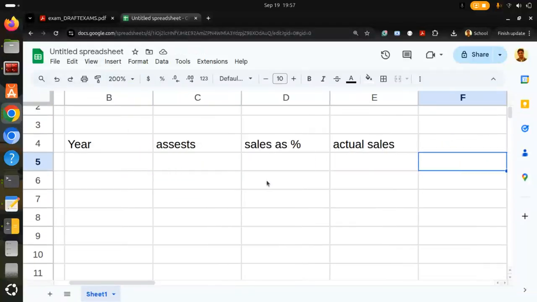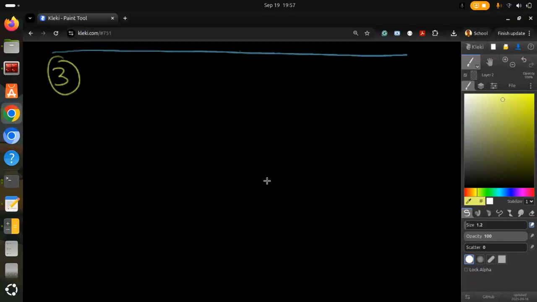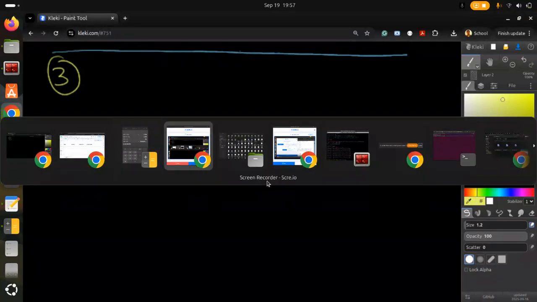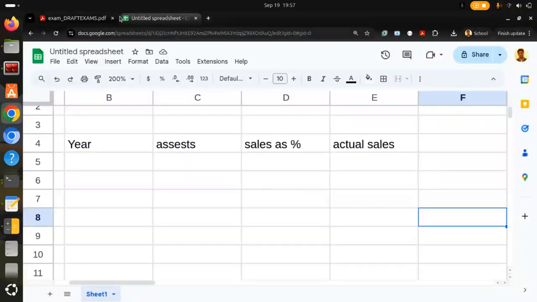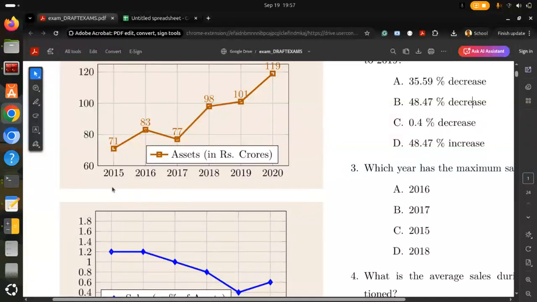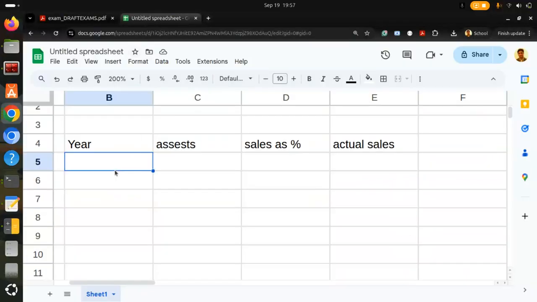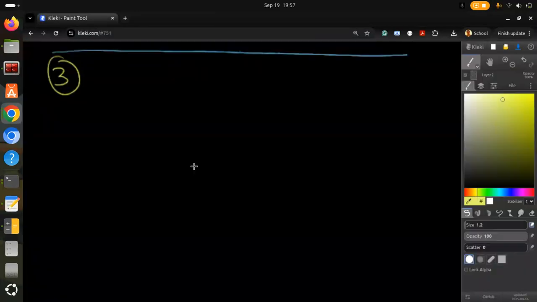The years run from 2015 to 2020, so 2015, 2016, and I just stretch this out up to 2020.